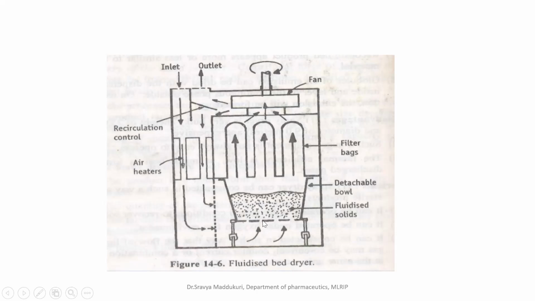It will maintain a sufficient air drag so that the velocity of hot air is greater than gravitational pull, so the solids start to rise up in turbulent motion. During this suspension in the air, each and every particle is individually dried, leading to a particulate granular form, and it has a high drying rate. Material is dried in a very short period of time.